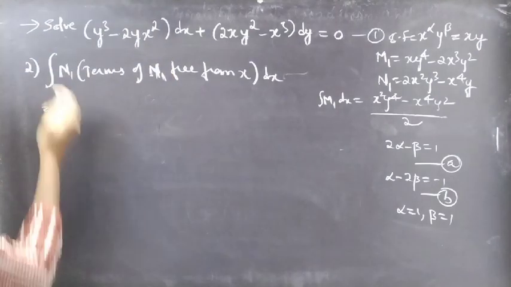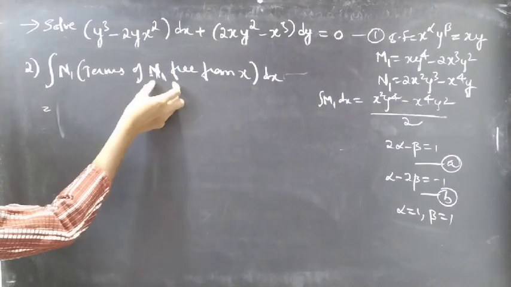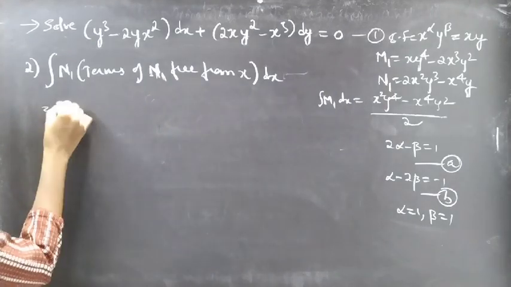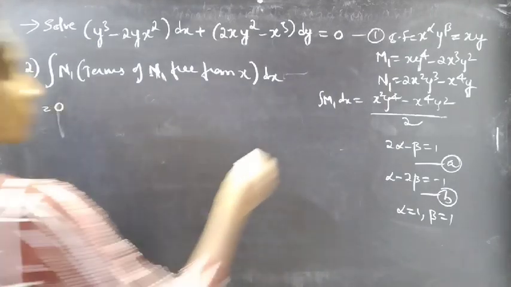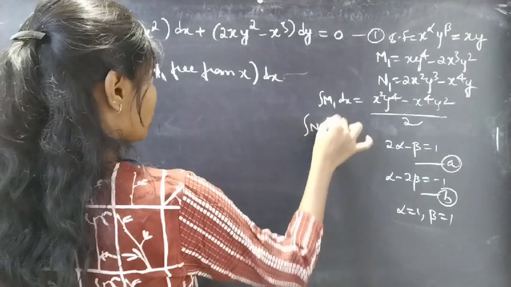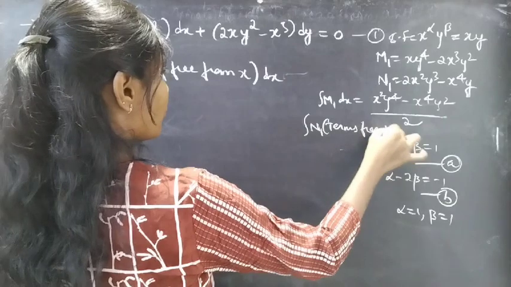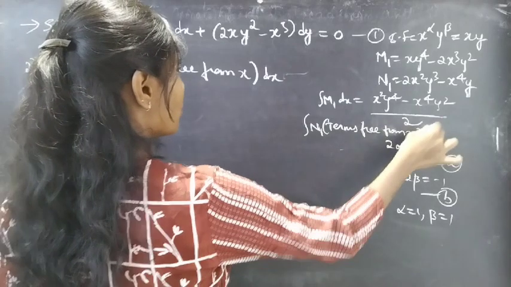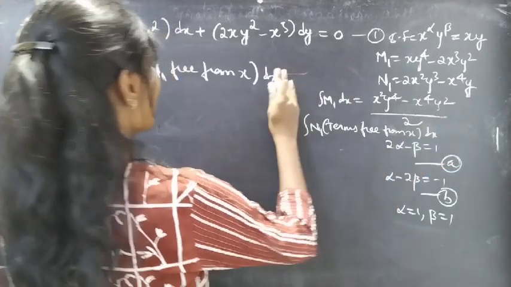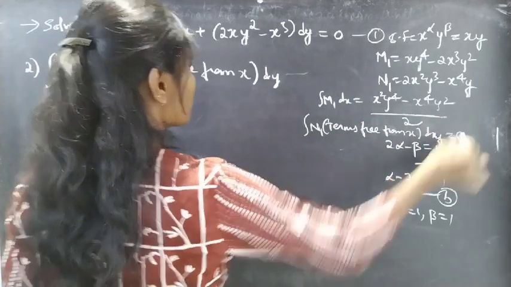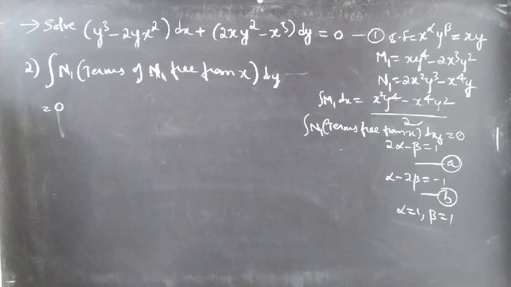So here we are asked to write terms of N1 free from x, but we don't have any terms which are free from x, so it is 0. Integral of N1 terms free from x into dy is 0. Okay, now coming to the general solution.